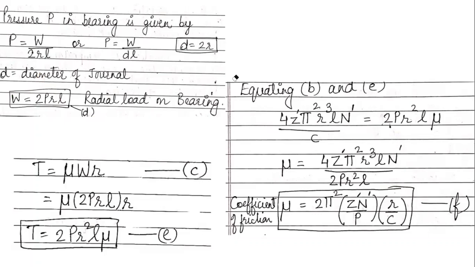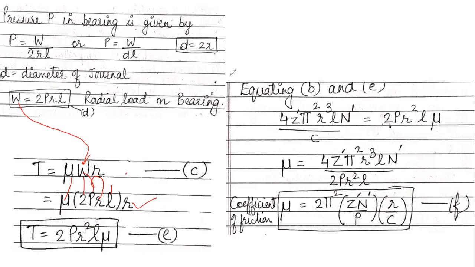Now, whatever value of W I found out, I'm going to put into equation number C, which I have derived previously. So the equation becomes coefficient of friction mu into 2 into pressure into radius of the journal, length of the bearing, into radius.